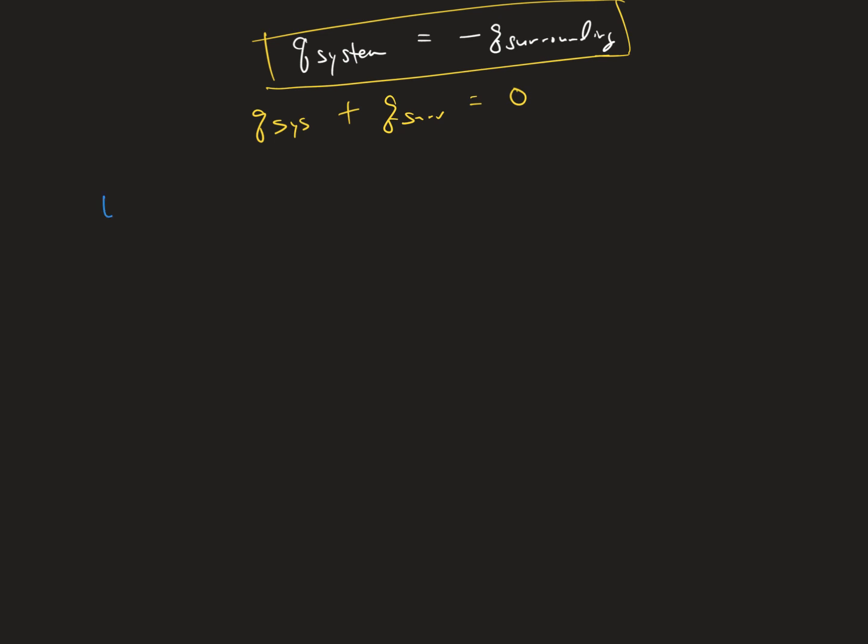So example 1. Metal initially has a temperature of, so the initial temperature of our metal, is that okay, Tim? Okay.